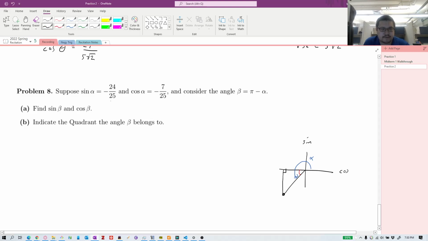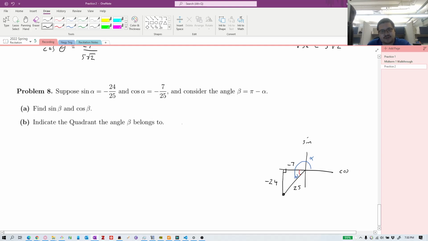Let's now split things up. So split up these values. Sine is opposite over hypotenuse. I know this is going to be negative 24, 25, and this is negative 7. So this is the correct labeling for the triangle based off of these two values.